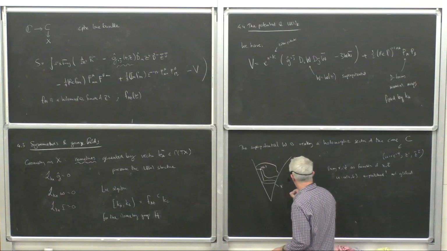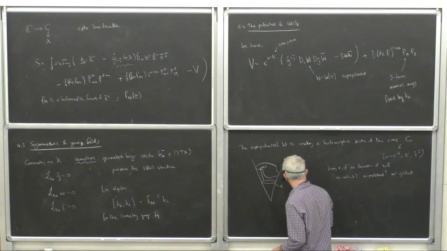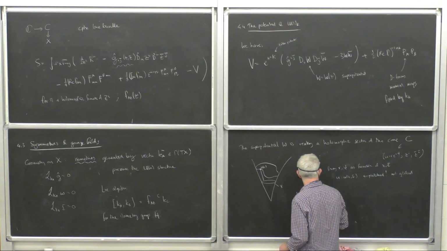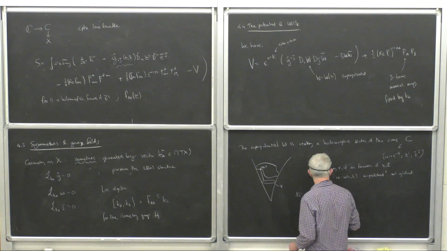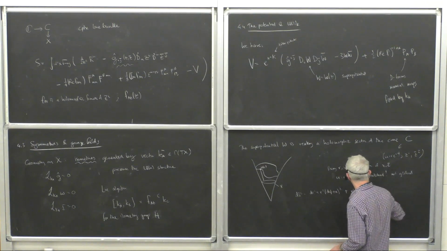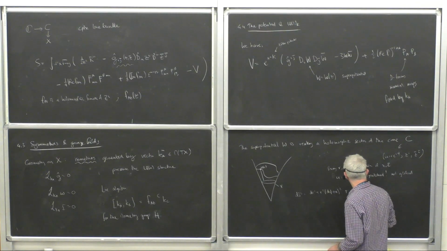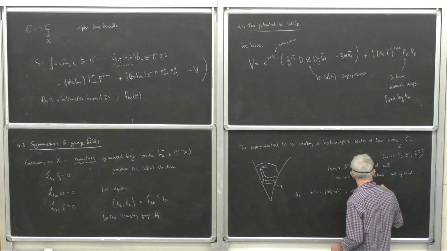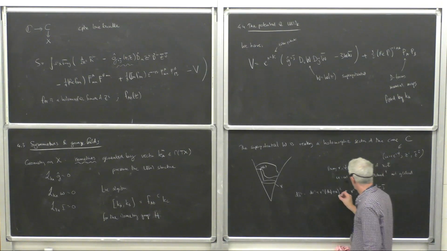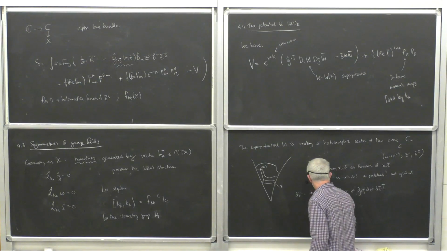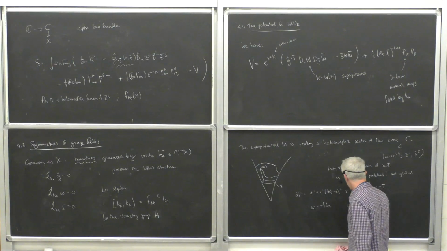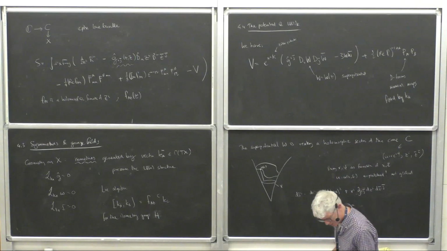So if you recall, we had this metric which looked like dr squared plus r squared (d psi plus A) squared plus r squared ds squared, or I guess I could write g hat i j bar dz^i dz bar j bar. And we had that omega was equal to -1/2 dA. And that actually means we can write A explicitly in terms of the Kähler potential.